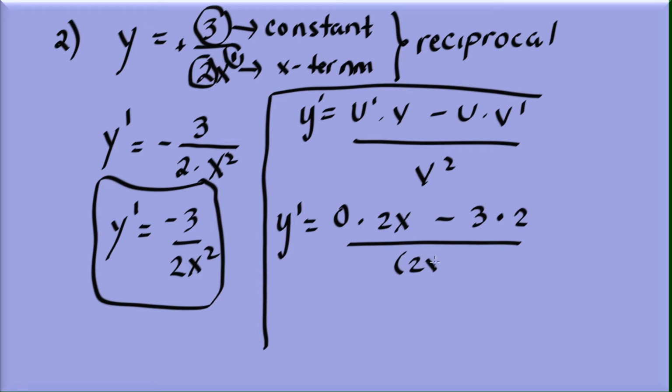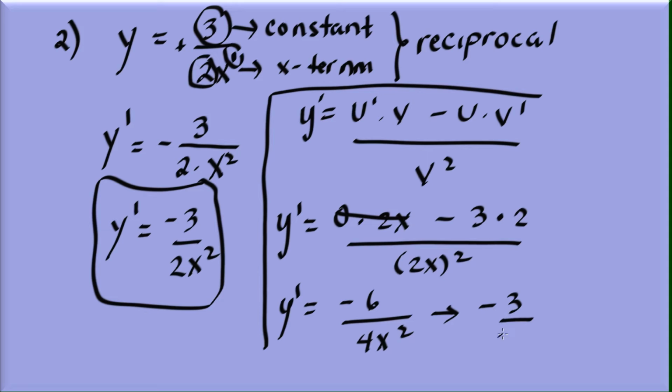So that's 2x squared. Now this is going to be 0, so your y prime will just be this negative 6 over the square of 2x, which is 4x squared. Now reduce this, it's going to give us negative 3 over 2x squared. Okay, you can see how it's more efficient to use the reciprocal rule shortcut.